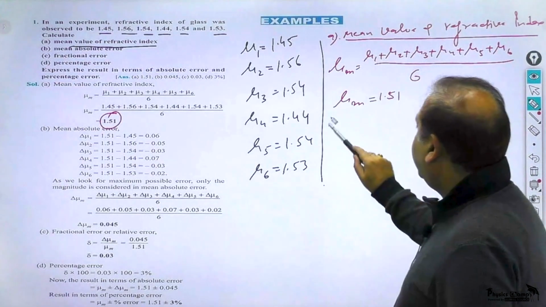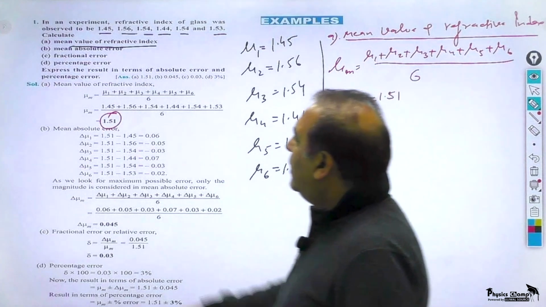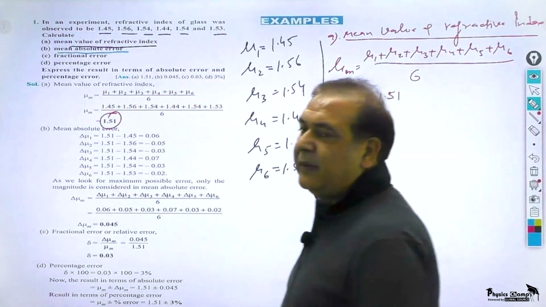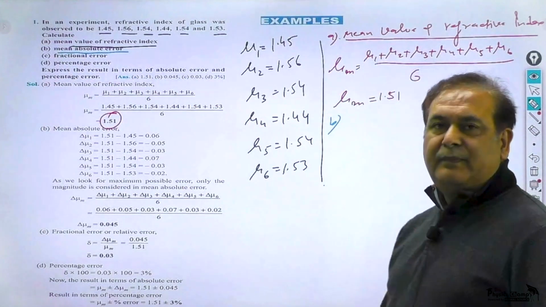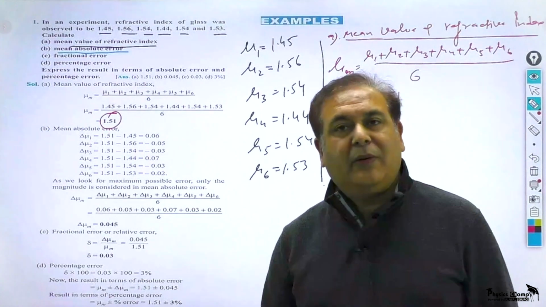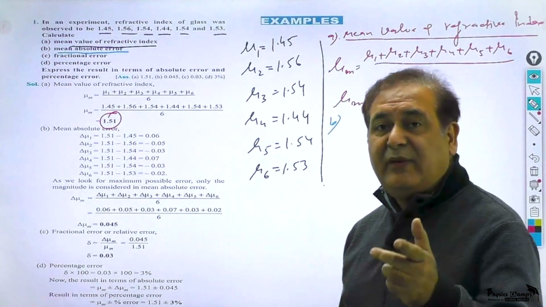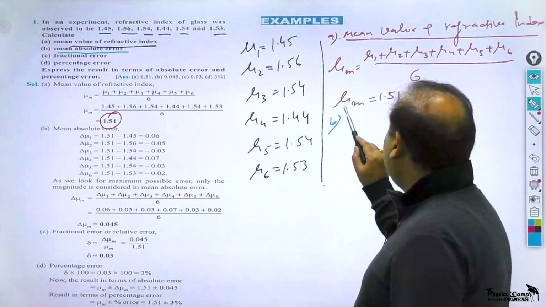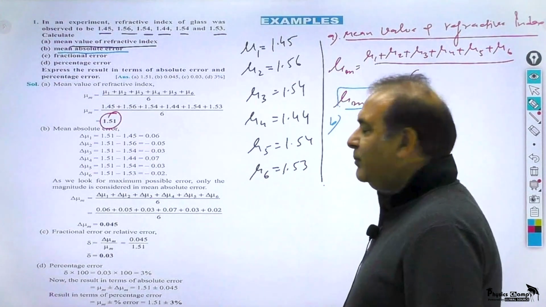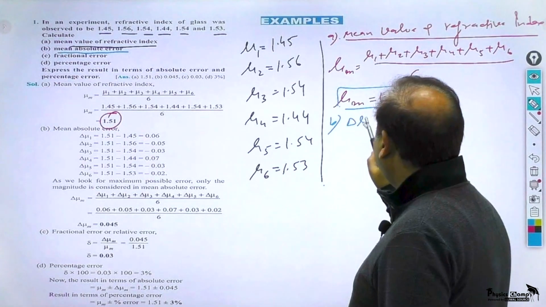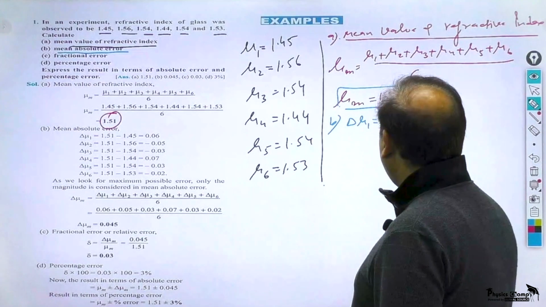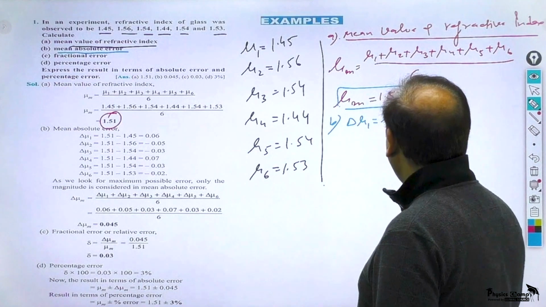Now, B part. What is the mean absolute error? Let me find the absolute errors in every reading first. Now, we have this true value or mean value. Absolute error in the first reading will be mu_m minus mu1.